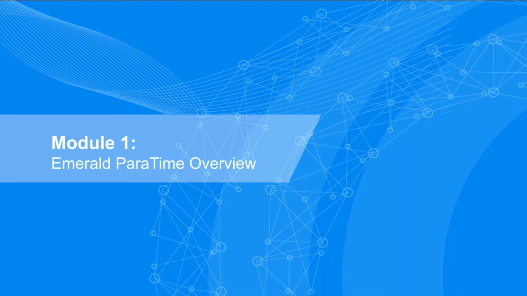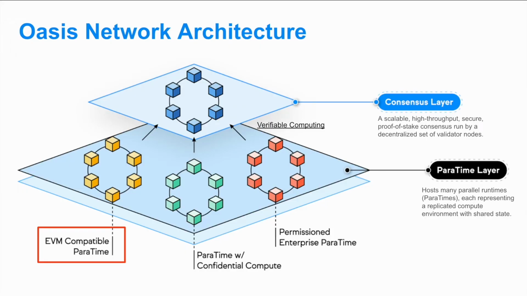Okay, so let me start with the first one, which is the architecture of our network. First of all, we have the so-called consensus layer on the top, let's say, and we have ParaTime below. Or even if you switch that, we have layer 1, this is our consensus layer, and then we have layer 2, or you can call that layer 1.5, because we have such nice integrations and you can transfer your ROSE really fast, with instant finality, from consensus to ParaTimes.